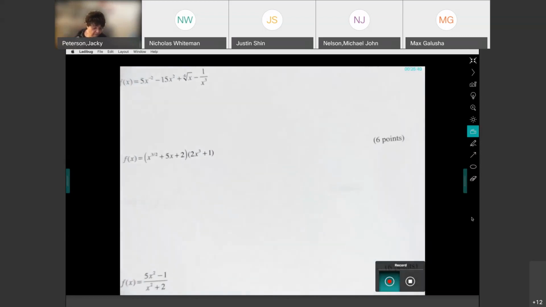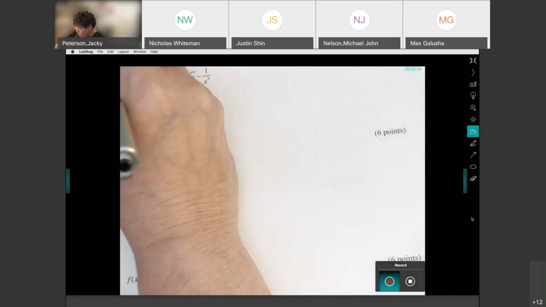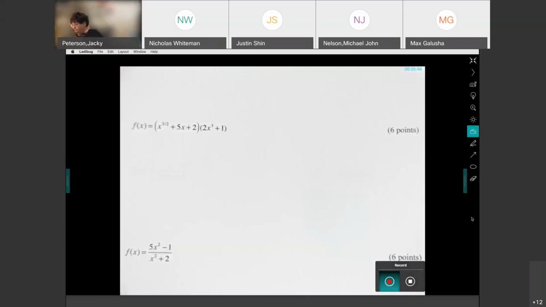Problem number 5, of course, is all of them. They're just derivatives, your basic derivatives. This includes both exams, all the exams for which there are derivatives. There are 5 derivatives. So you look at this: 1, 2, 3, 4, 5, 6, 7.